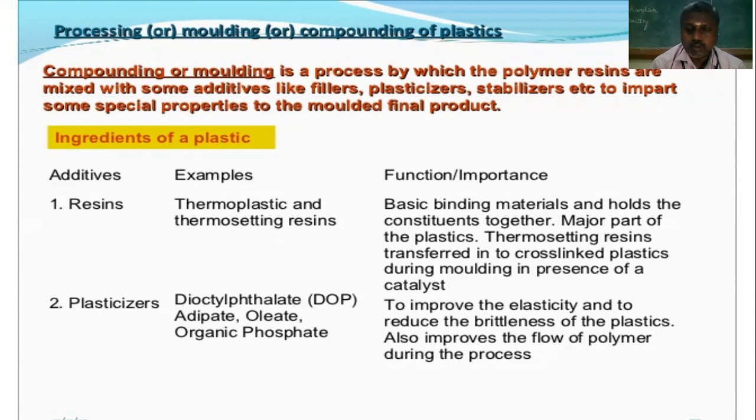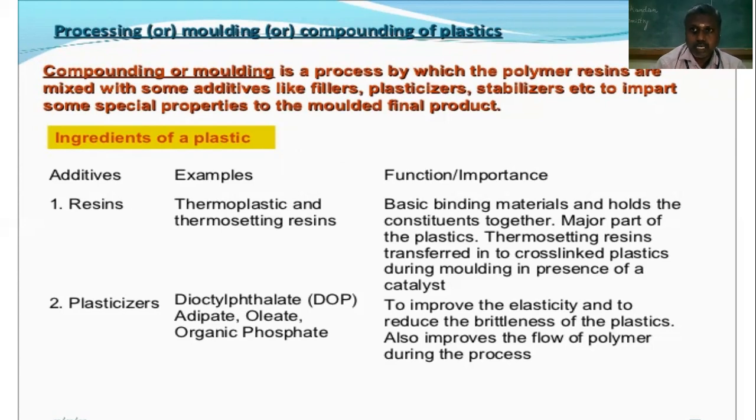Okay. Next one is plasticizer. So what is the function of this plasticizer? To improve the elastic property and to reduce brittleness. Which substance is more hard, that will be easily breakable. That is the brittleness character, so that will be reduced by adding elasticity. It also improves the flow of polymer during the process.